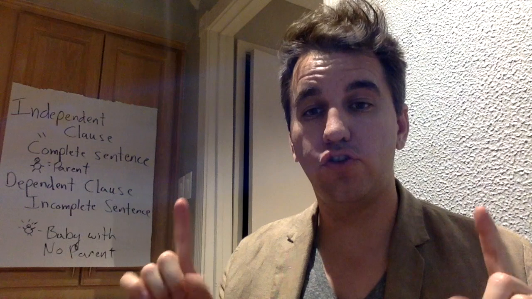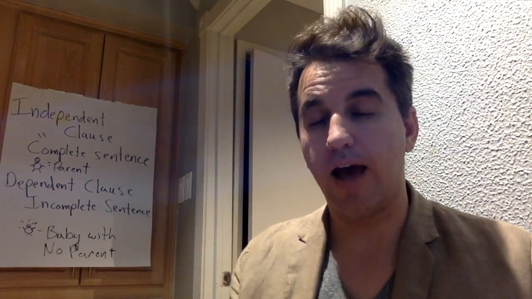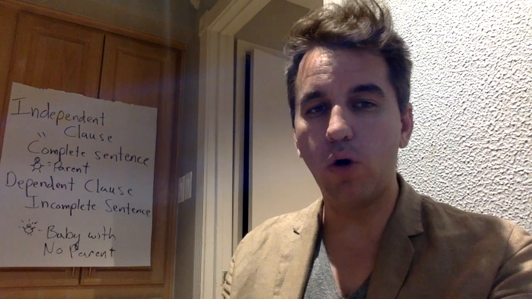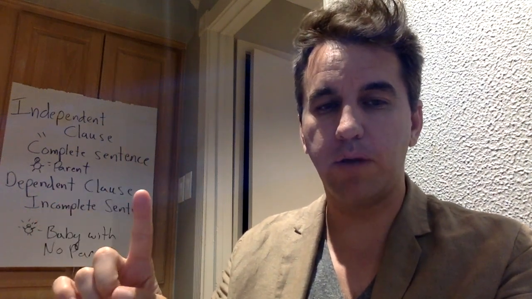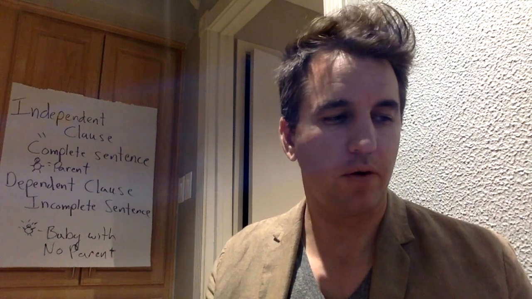And you can never put two dependent clauses together. That would be like asking a baby to watch another baby. It would be chaotic. It wouldn't happen. So you always need an independent clause up here with a dependent clause. You need that parent with its baby, right? So think of it that way.